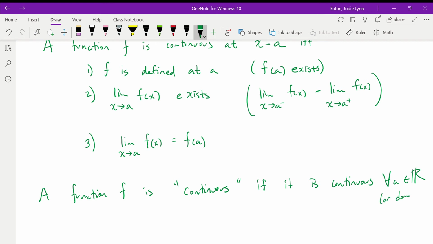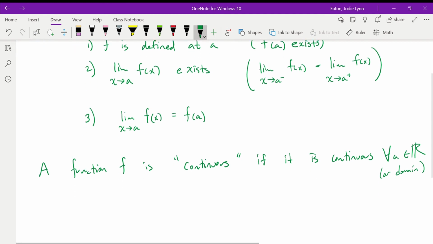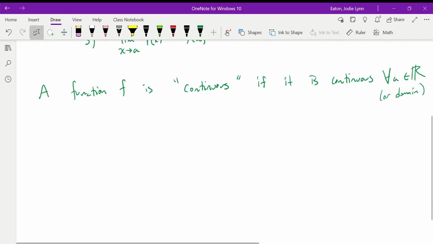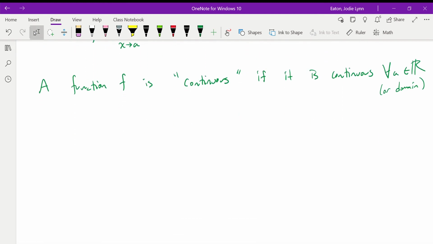So you can say some functions are continuous on certain domains, but they're not continuous everywhere. So we would call a function continuous if it is continuous at every point on which it exists. Okay? We can use this definition for continuity across the whole domain or continuity on some kind of open interval if it's continuous for all a.